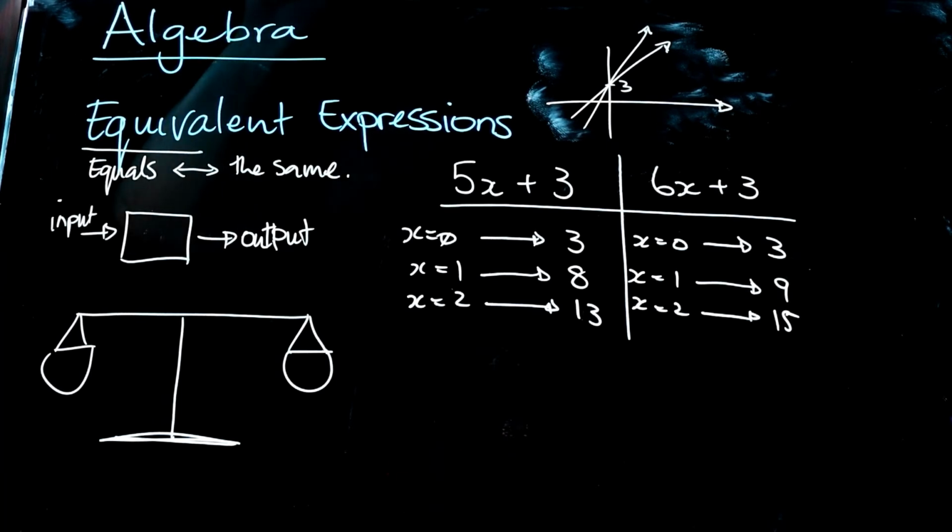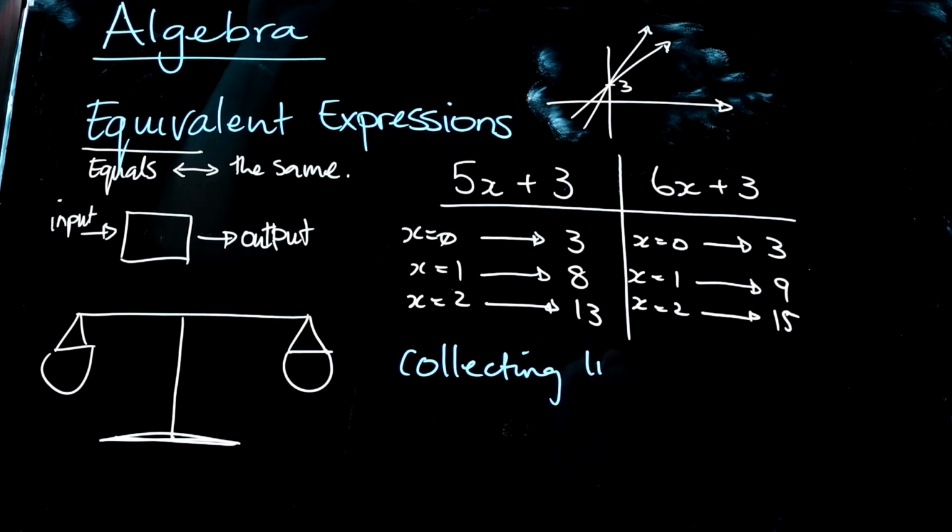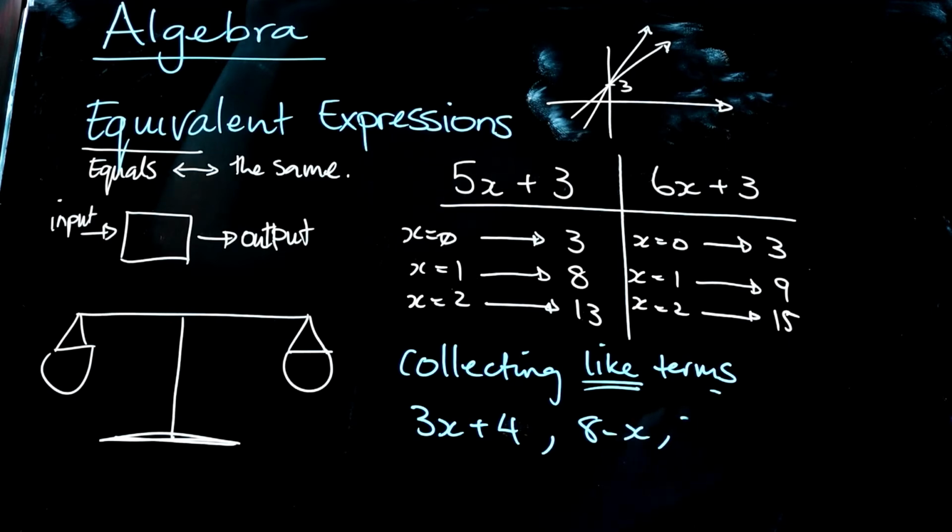There's another thing that leads us to our next example. I think this exercise is getting you to work in tables a lot of the time, but what it's leading to is collecting like terms. And you may be able to see this. For example, if we've got 3x plus 4, and we're comparing 8 minus x, and we've got 2x plus 4 plus x, which ones are the same?